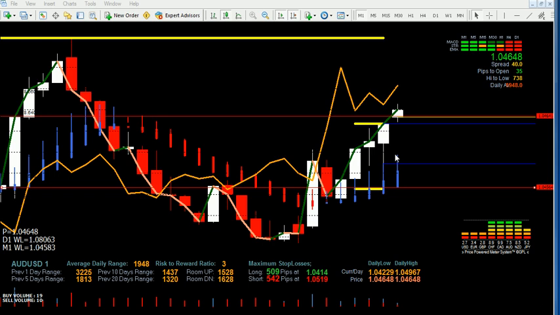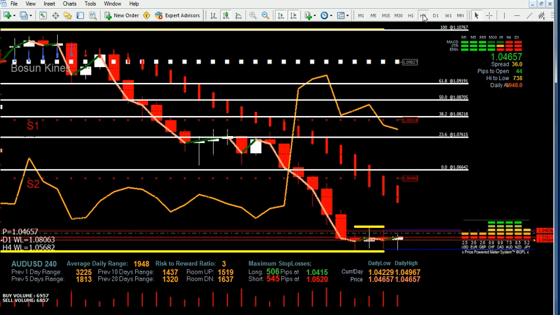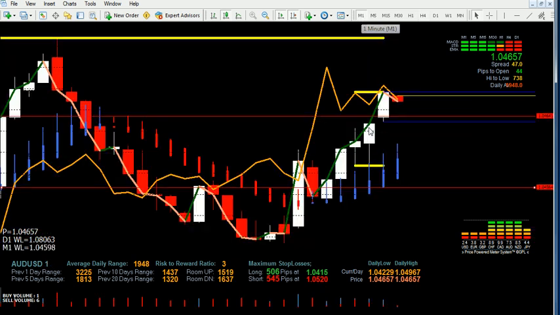Where are we sitting in the overall market in the H4? We are down near the bottom of the H4, so a buy is quite able to be considered, even though this market is running away. And how are we going to get a buy? There we are.